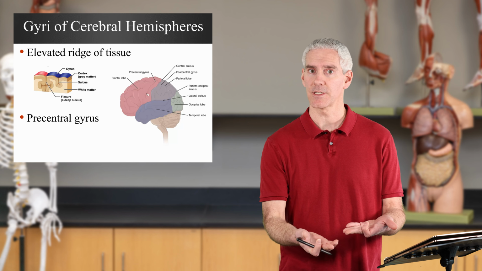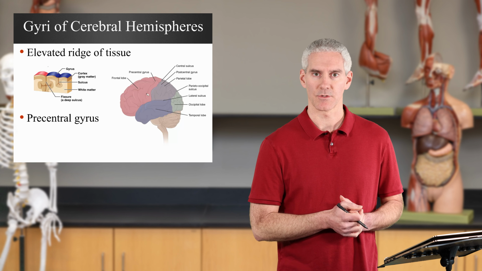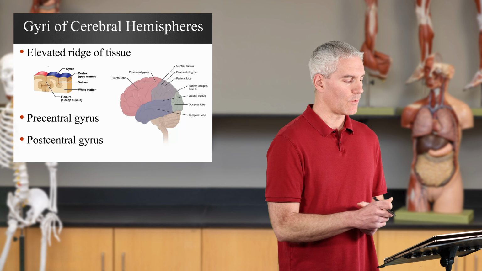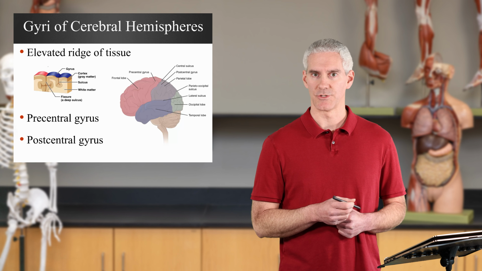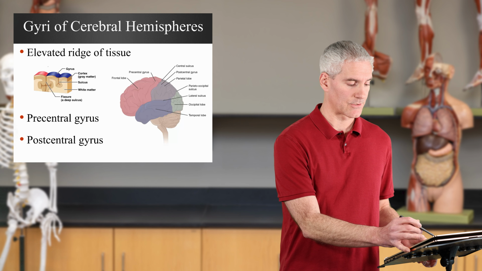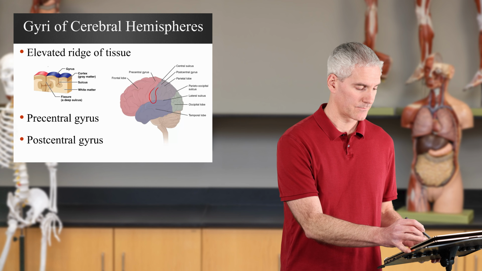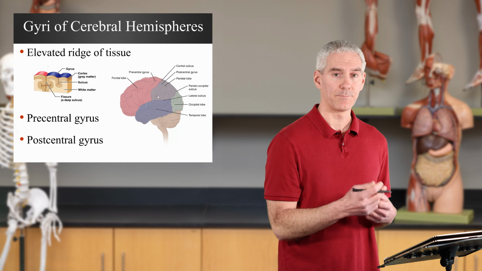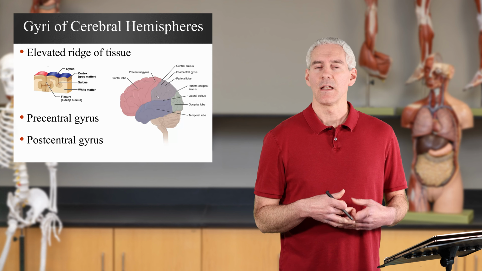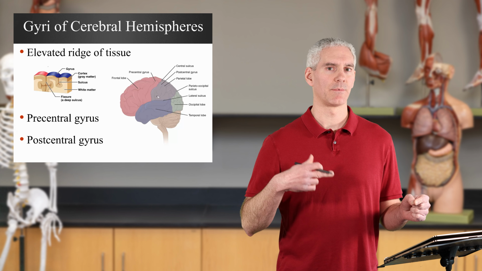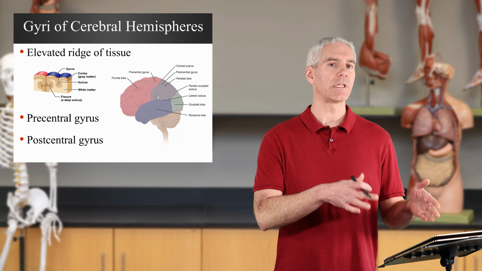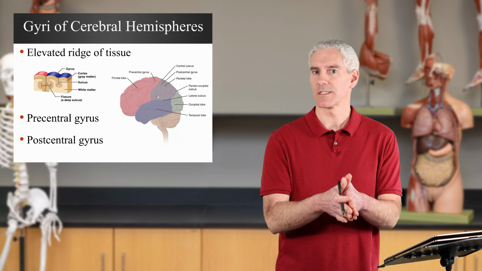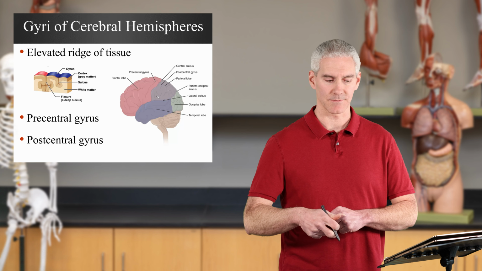Pre being in front of, so in front of the central sulcus. You also have the postcentral gyrus. The postcentral is right here. That's the postcentral gyrus. Post being after. Now, those will become important when we get to them a little later. So keep in mind the precentral gyrus, central sulcus, postcentral gyrus.